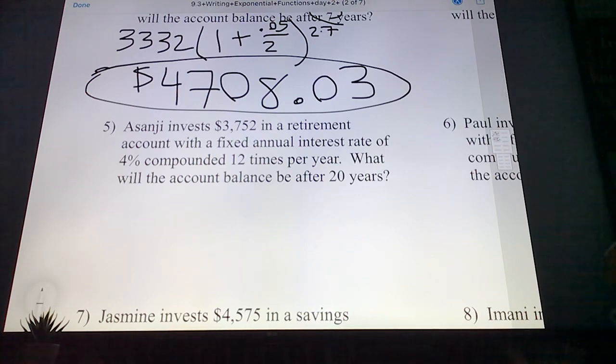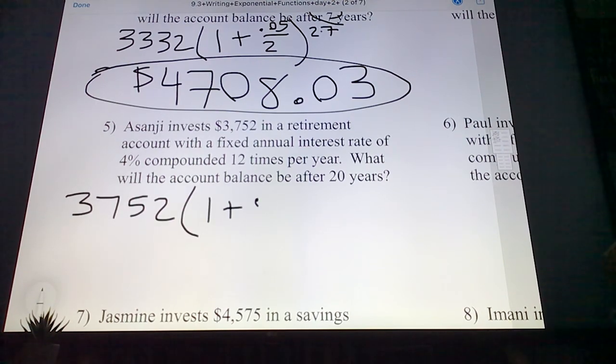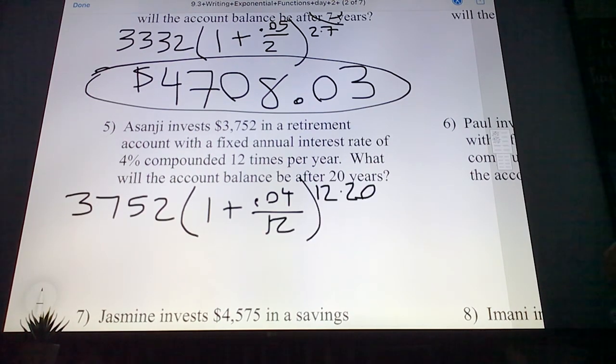The next one we start out with 3,752, 1 plus 0.04 over 12, and then we have 12 times 20. So we have 3,752, 1 plus 0.04 over 12, to the 240.